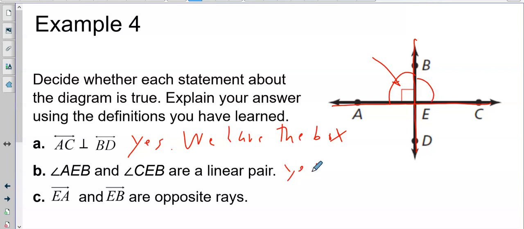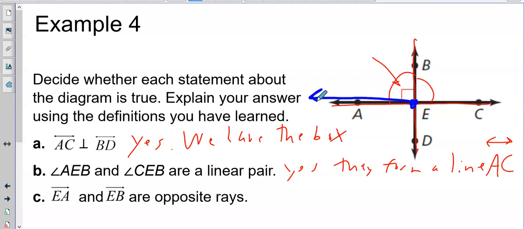Yes, because they form a line, AC. EA, so remember we're starting here at E, going out towards A, and EB, going this way, are opposite rays.